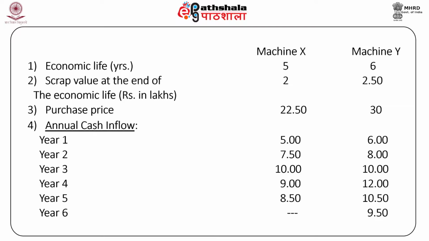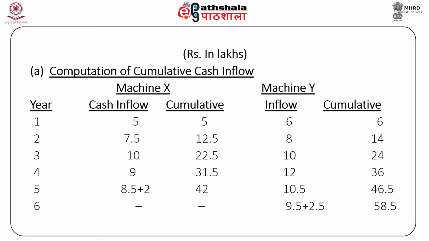Now coming to another example, a company is considering purchase of either machine X or machine Y having these particulars. From this given information, calculate for the two machines the payback period and the net present value at 12% discount rate. The solution of this problem is given here.